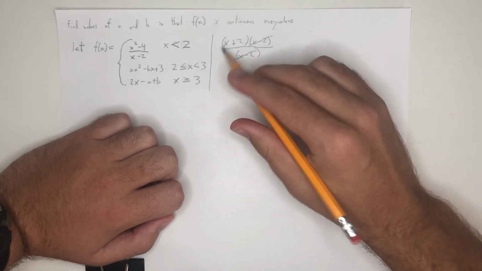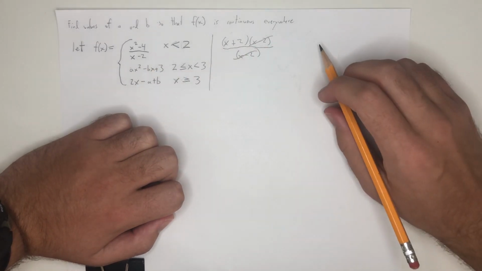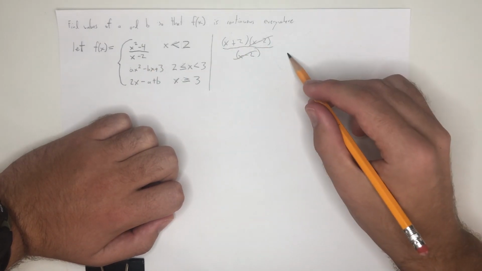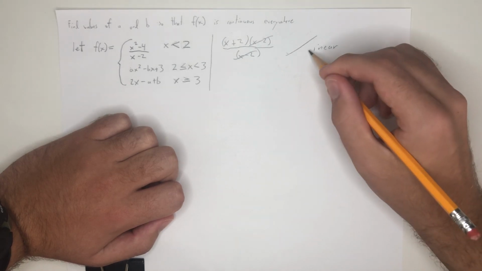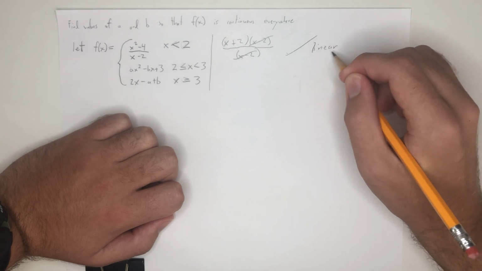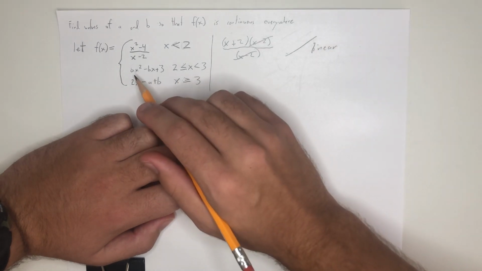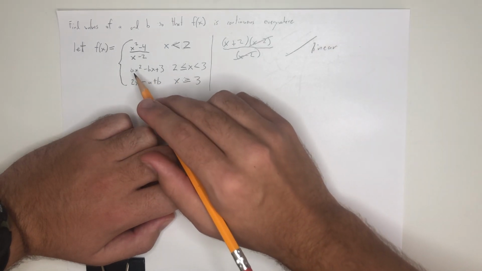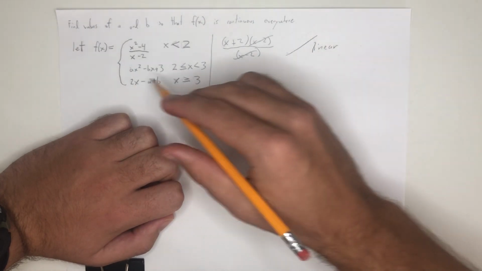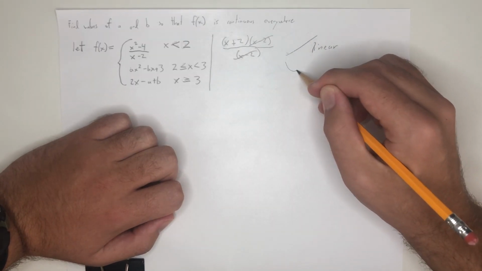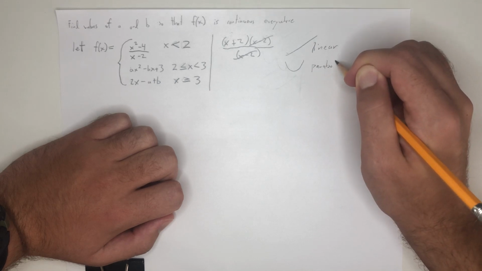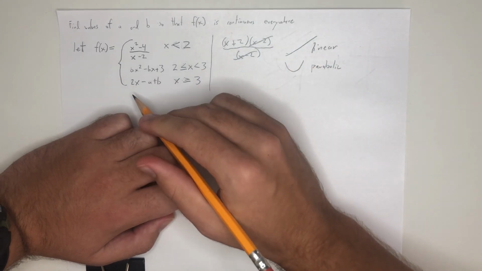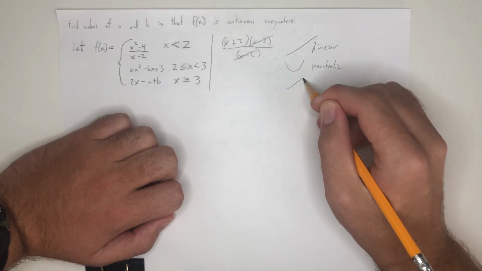Those cancel, and the first part just looks like x plus 2, which is linear. Now our next section is a polynomial, so it's a parabola. And then our next section is going to be linear again.